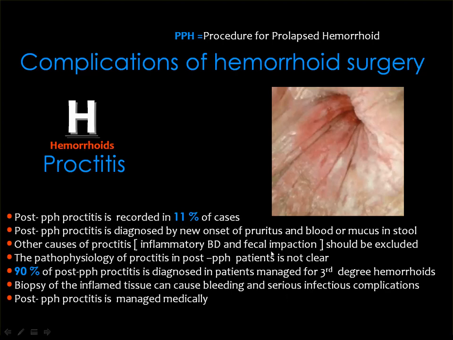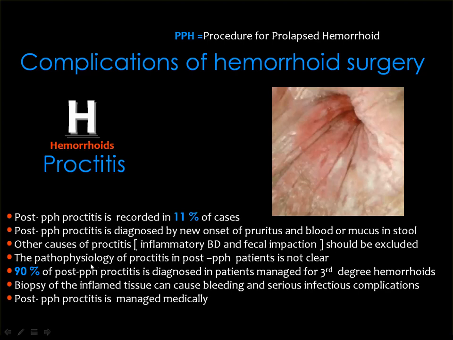Then this may present with pruritus or blood and mucus in stools. Other causes of proctitis should be excluded, like inflammatory bowel disease and fecal impaction.